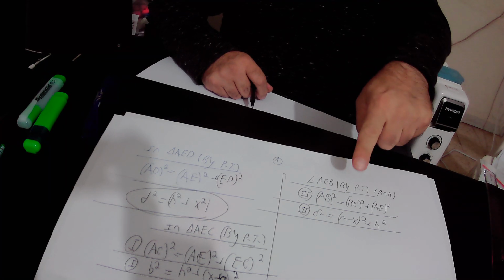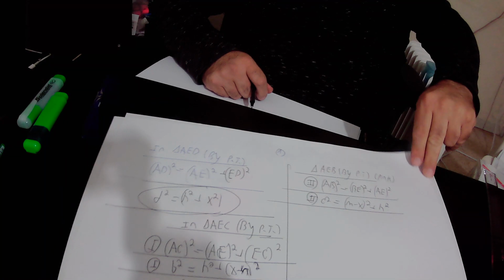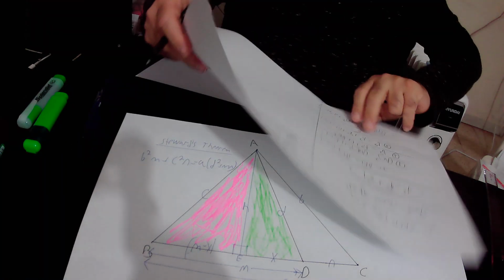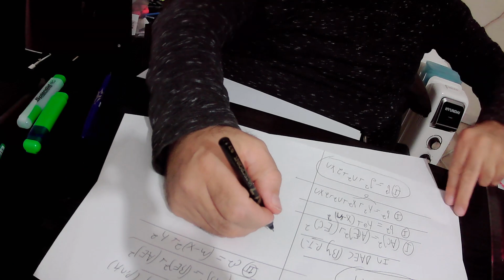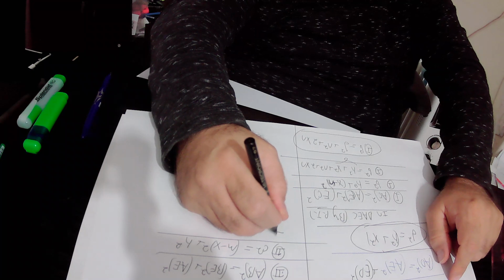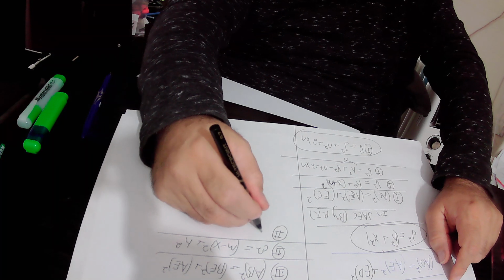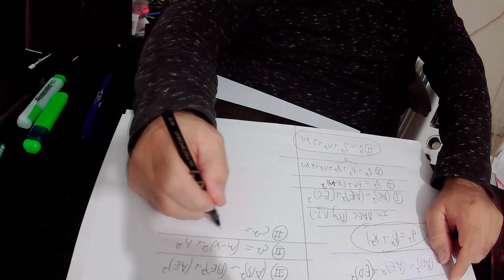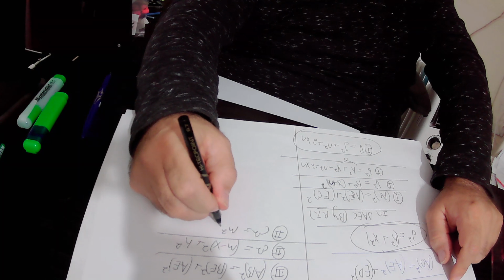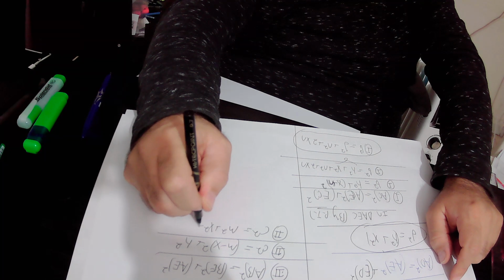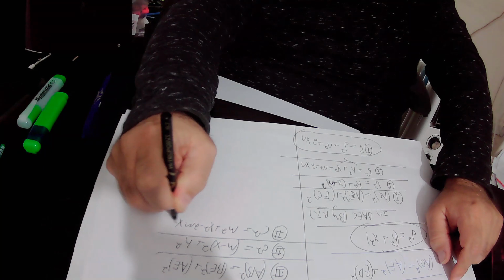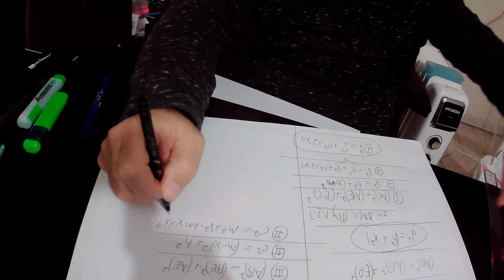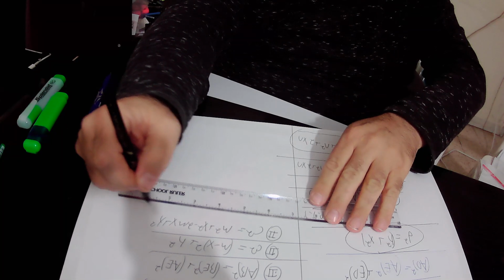Here we'll open the brackets of equation number 2, and we get that c squared equals (m minus x) squared, which equals m squared plus x squared minus 2 times mx plus h squared.